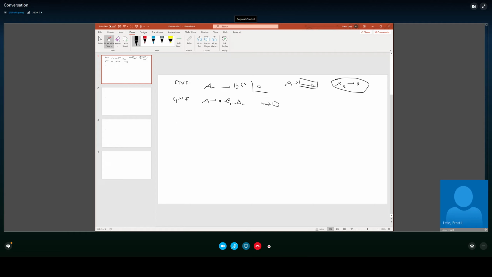And then you use that idea of the zipper, that you split up the first terminal, I'm sorry, first variable, and then A goes to that first variable followed by A1, and A1 then generates one after the other until you have all of them.